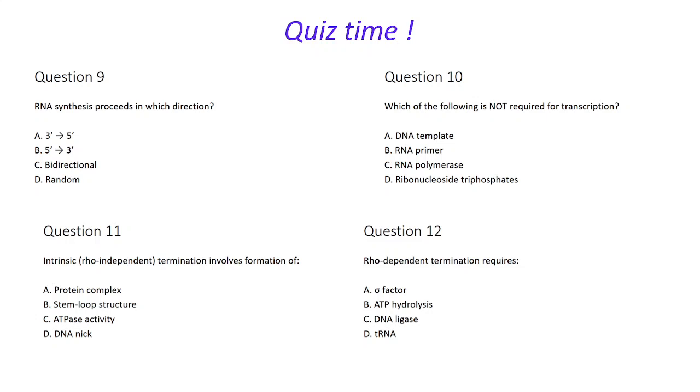RNA synthesis takes the help of the template strand of DNA. The template strand of DNA runs 3' to 5'. So taking the help of it, the RNA polymerase sits in the promoter region and starts the synthesis in the 5' to 3' direction. So option B.